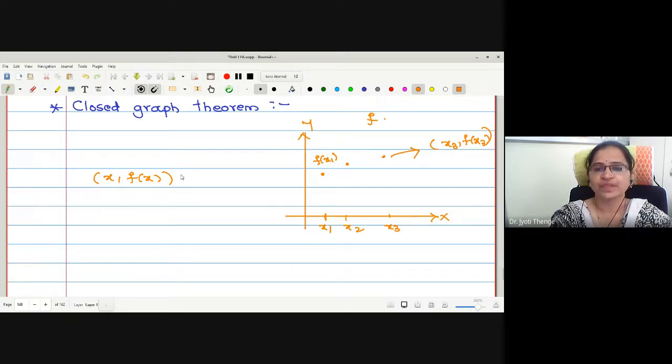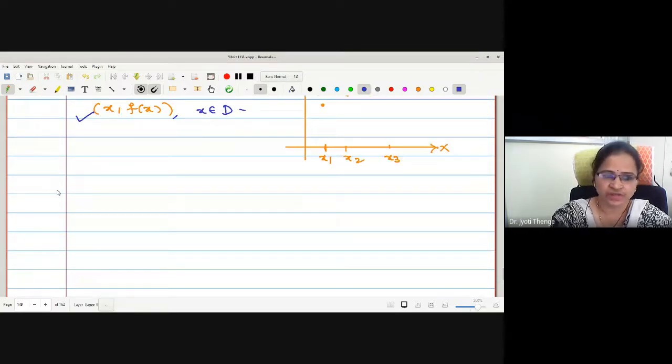Is it okay? Therefore, how do we define the graph of a function? The graph of a function is actually a set, where the elements are of this type, where x belongs to the domain of your function. Let me write the definition of the graph of a function.